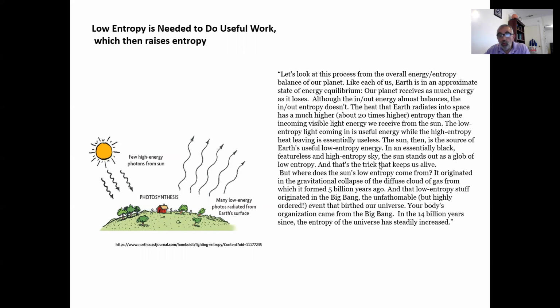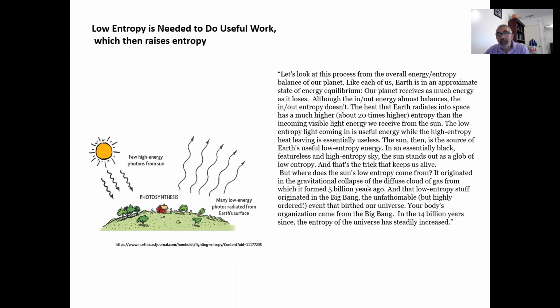I will let you read the rest of this on your own, but the idea is that the low entropy of the sun is what allows life on Earth to happen. And the question then is, where does the sun's low entropy come from? How did we get a low entropy sun that can give energy that allows the useful work of life like photosynthesis to happen?